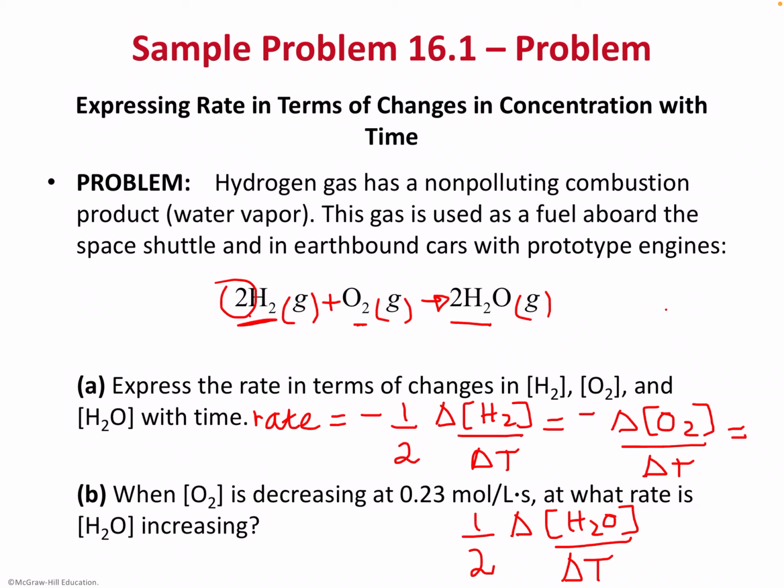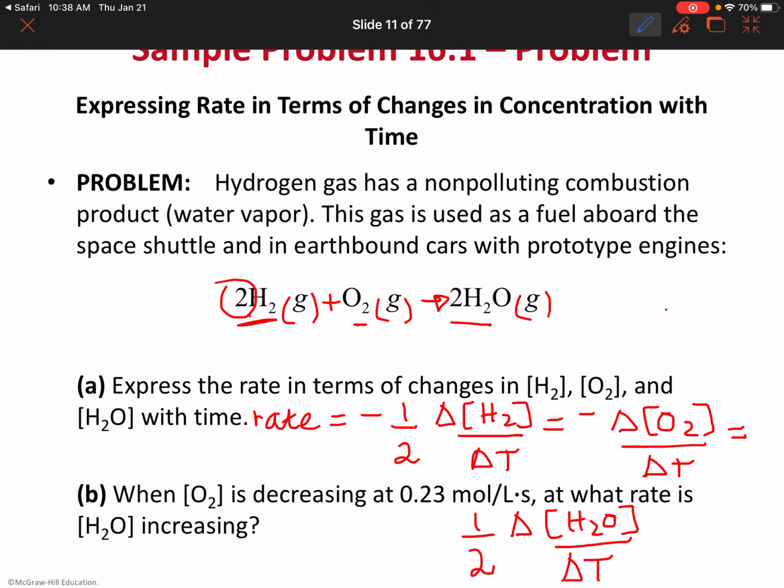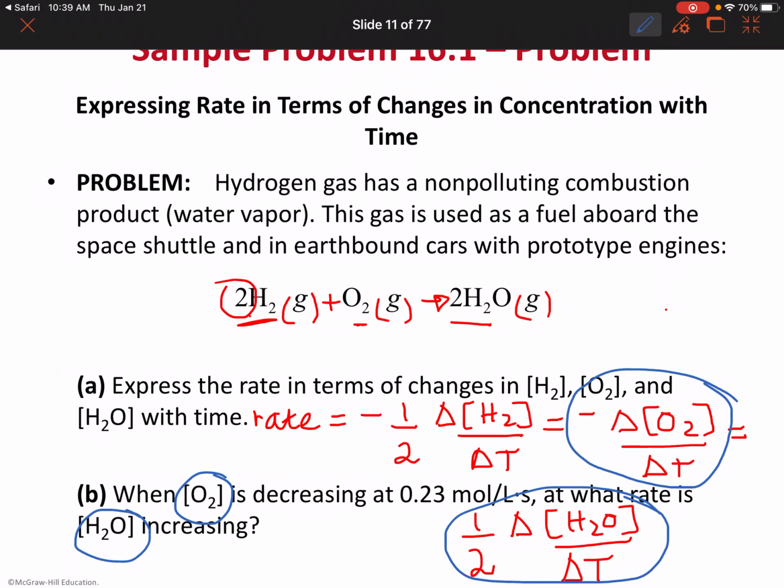Now we are going to relate oxygen with water. So to do that, we take these two, the concentration of oxygen over delta T and this. So we take this relationship.